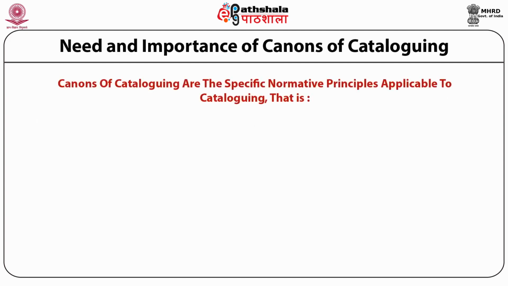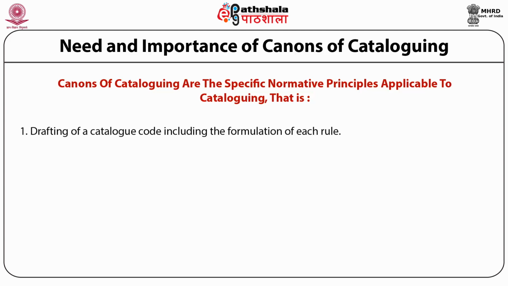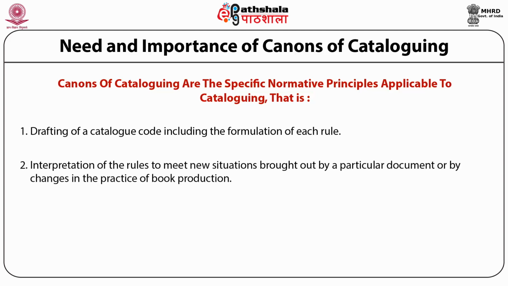Canons of cataloging are the specific normative principles applicable to cataloging, that is, first, drafting of catalog code including the formulation of each rule. Second, interpretation of the rules to meet new situations brought out by a particular document or by changes in the practice of book production.